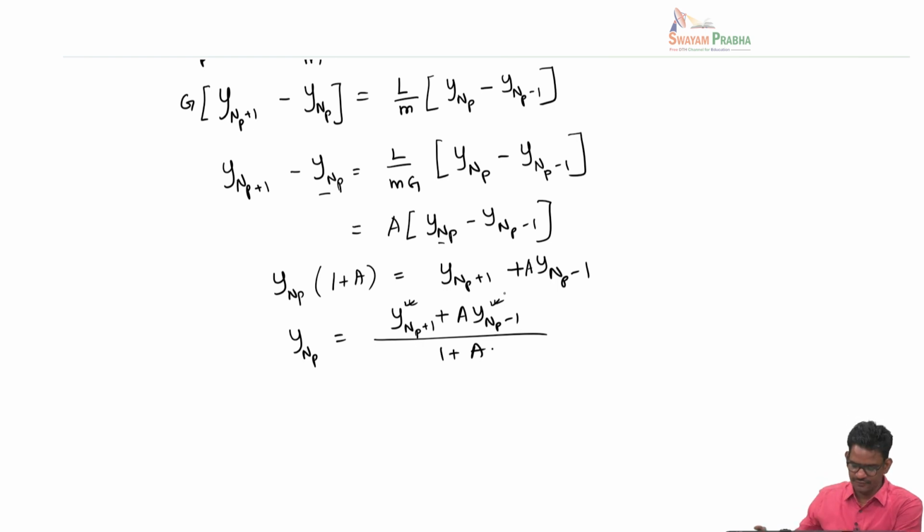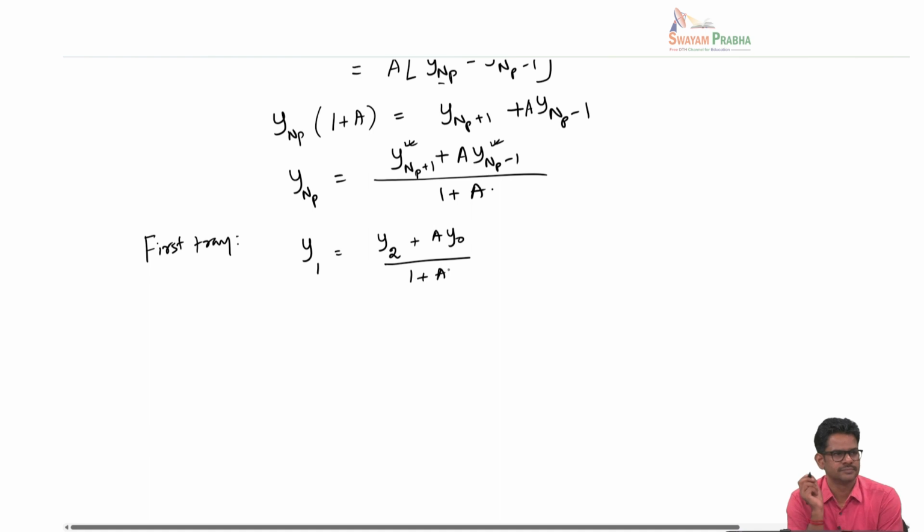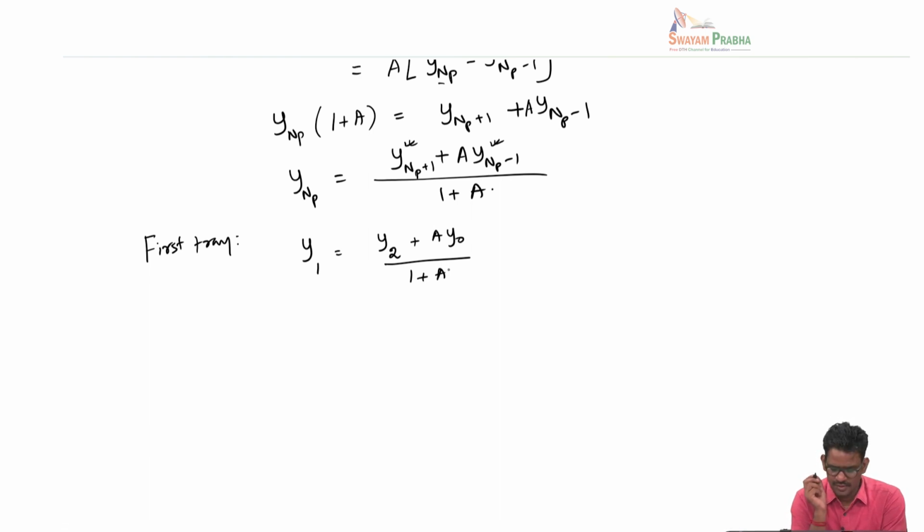The composition at each tray can be related to the composition of the tray above and tray below. Okay, just to see that, if you want to put NP equal to 1, or you can say for the first tray, you will see that Y1 is equal to Y2 plus A Y0 by 1 plus A. If I substitute for NP equal to 1, I will get this.